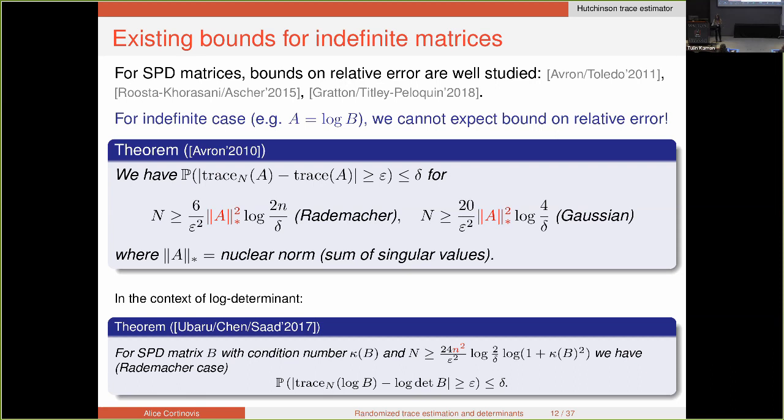One thing I should mention is you could also rescale this matrix in such a way that it becomes symmetric positive definite, and then use the bounds for symmetric positive definite matrices. But it doesn't necessarily work, since you obtain an explicit dependence on the size of the matrix, which is something we try to avoid.